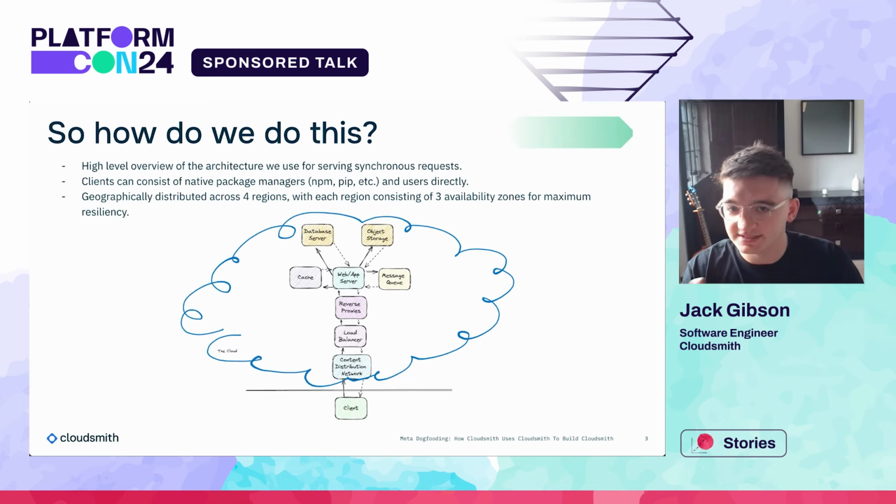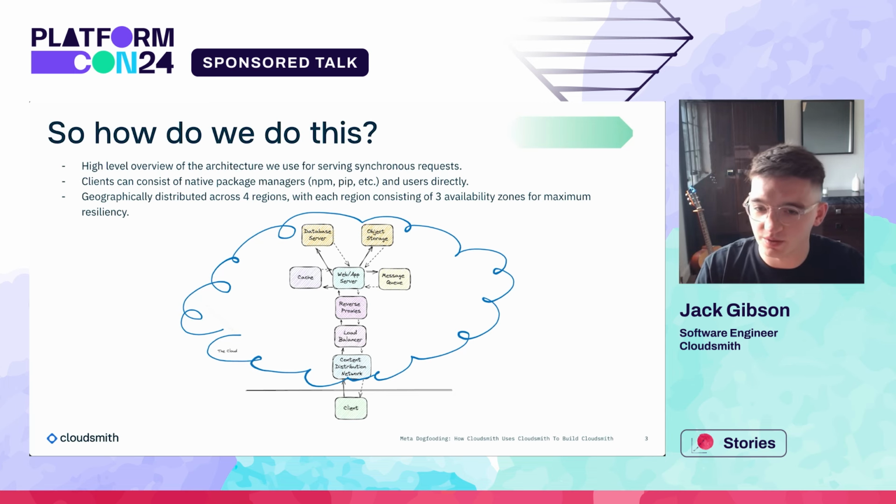So on this slide here, it's really the general architecture for serving synchronous requests. At Cloudsmith, we use AWS. The clients consist of native package managers, so think of tools like pip and npm, and users directly themselves. If they want to download packages or artifacts onto their machines directly, we count them as a client.